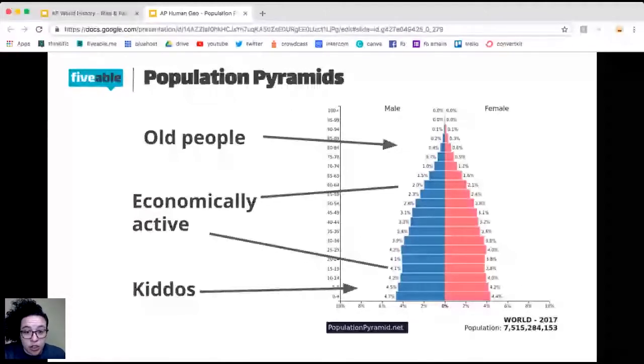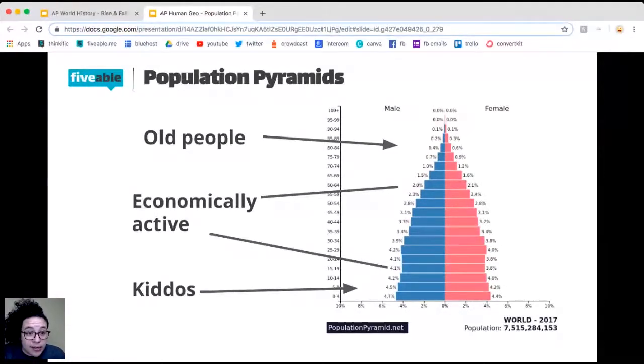The other thing that it shows you is that everyone in the middle here is economically active, or theoretically economically active, right? There are other reasons why someone might not work, but all the people at the bottom, the kids, and all the people at the top, the oldest of our population, depend on everyone in the middle.